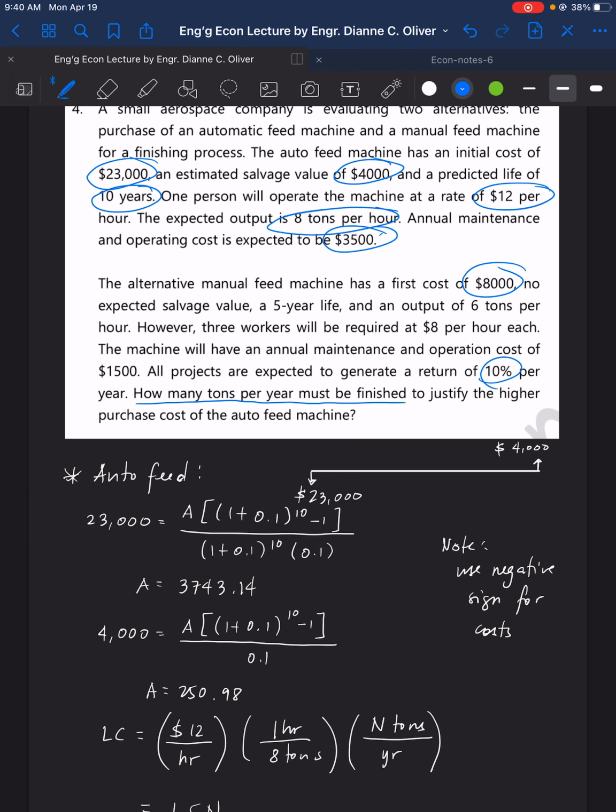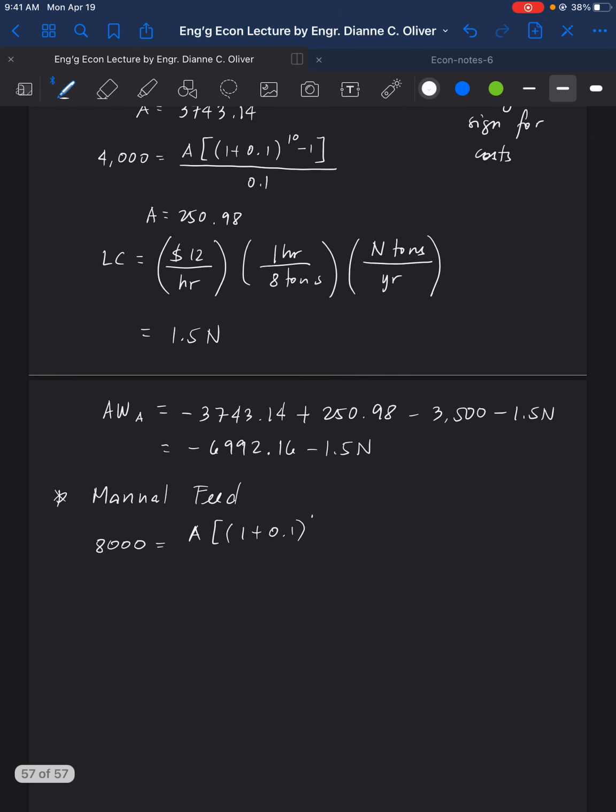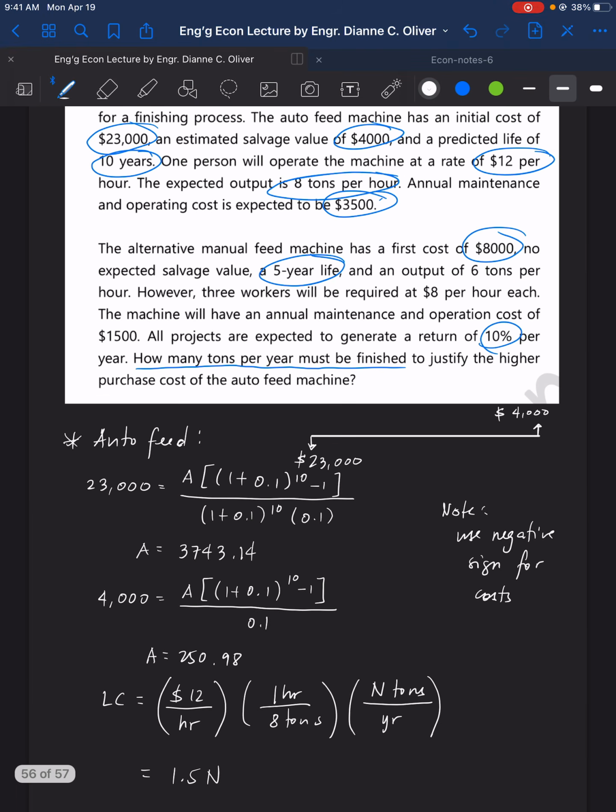Expected lifespan, that is 5. It should be raised to 5 minus 1 all over 1 plus 0.1 raised to 5 times 0.1. So A is now equal to 2110.38.